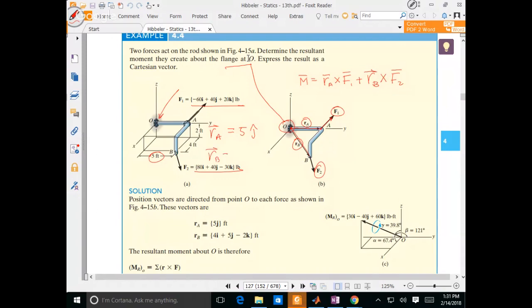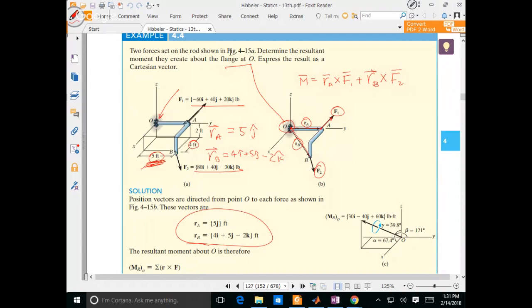RB, you got to go, and let's do the I first. 4I, because it went out that far. It went out 5J, went out that far to B, and then it went down to K. And you'll see that these are what he got right there.